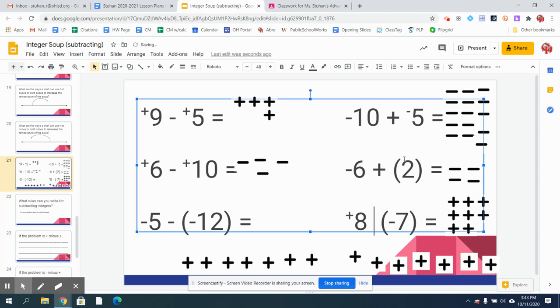So we can take the subtraction sign, change it into an addition sign, take the negative 7 and make it the opposite, which would be positive 7. And now we have positive 8 plus 7 is 15, which is what we got when we did all that 0 pair work with the counters. So that's really the little secret sauce trick for subtracting integers, is just to add the opposite.